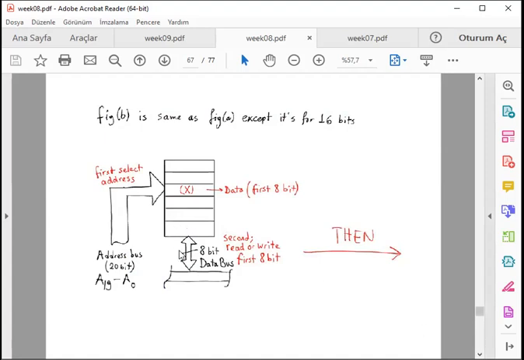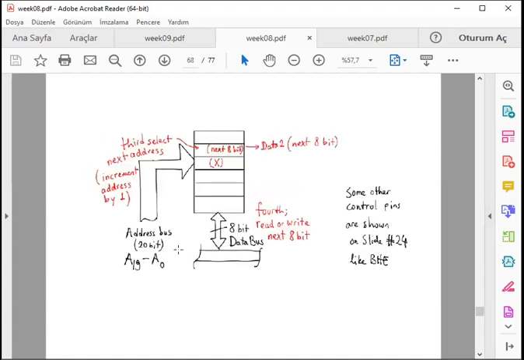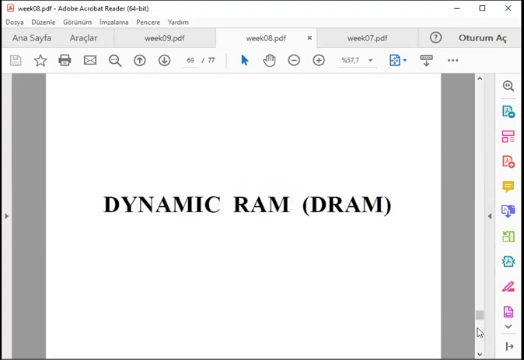And then after the first 8 bits are written, the selection is made to select the next location to write the next byte to complete it to a word. And this is done according to the microprocessor control with the logic signals of BHE and the bank location of A0, the least significant bit of the address.